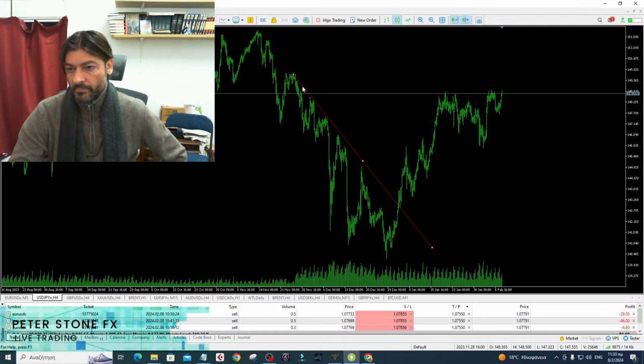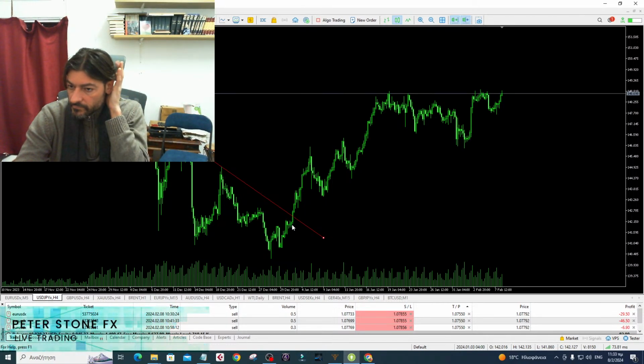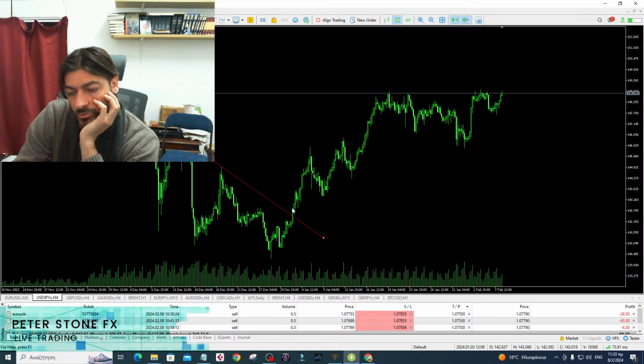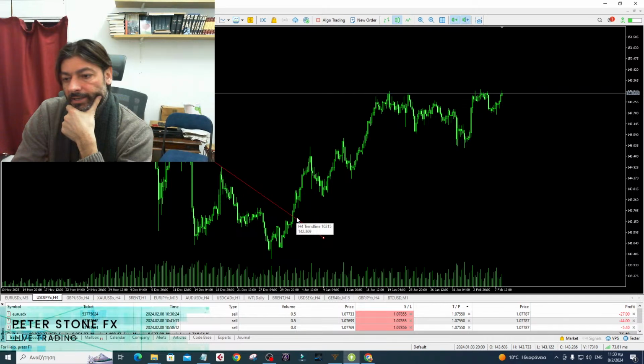Of course, in MetaTrader, this is the worst thing to do. Trying to draw something, whatever you want, is very difficult. But here, you never actually had a chance to confirm, to go lower and confirm the breakout, and then go up.